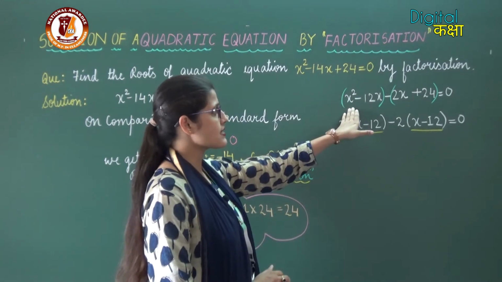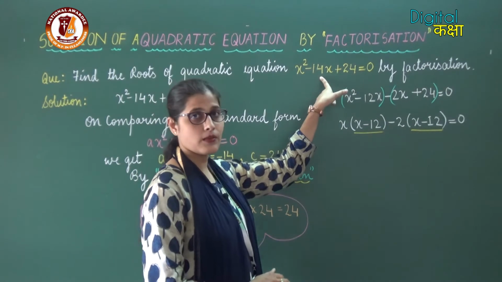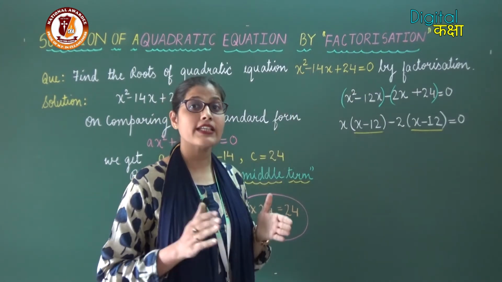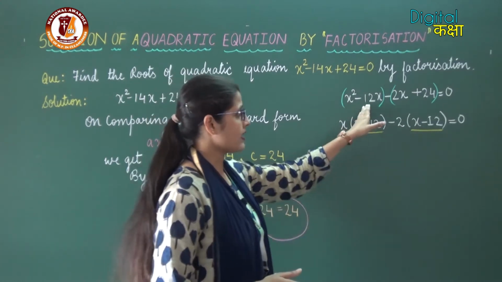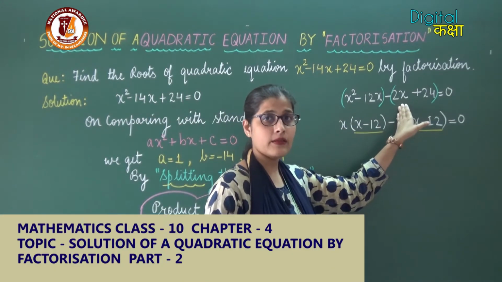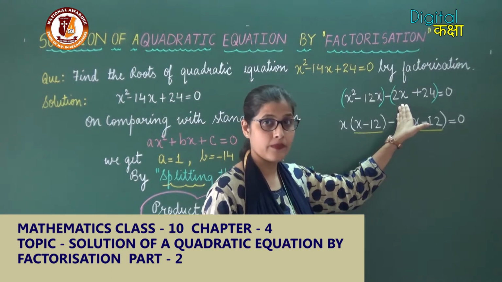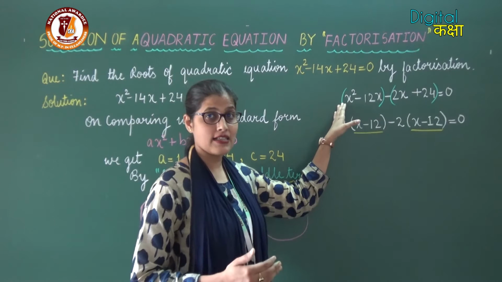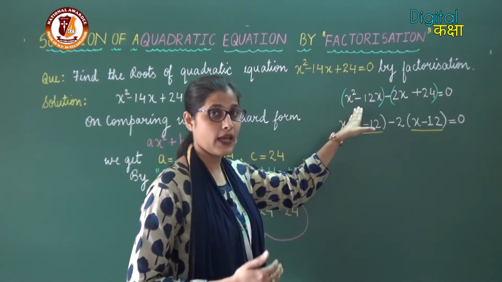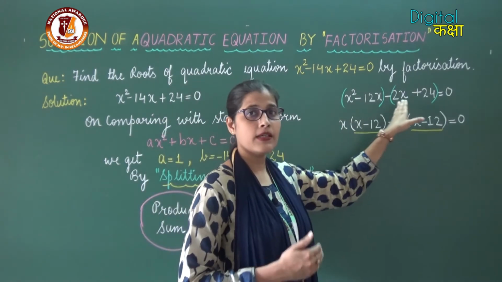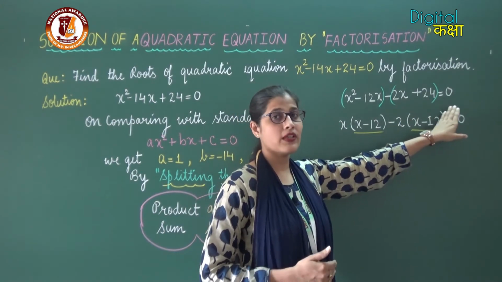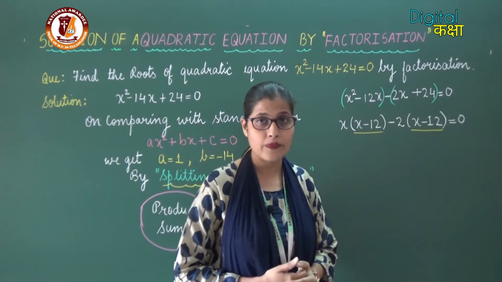As you can see here, the middle term, which is minus 14x, I have split as minus 12x and minus 2x. So, I will be getting my equation as x square minus 12x minus 2x plus 24 equals to 0.